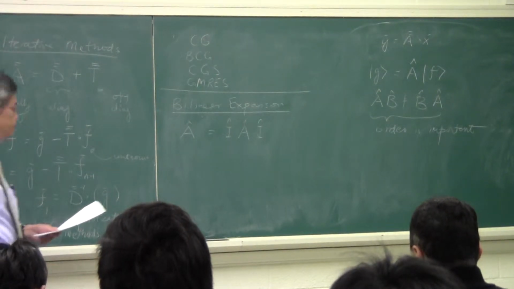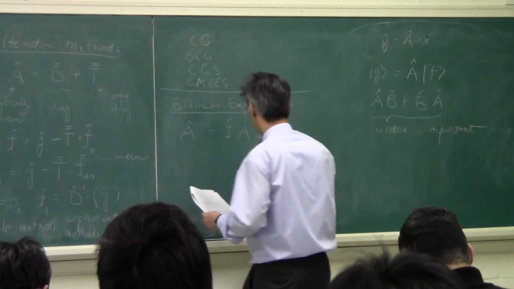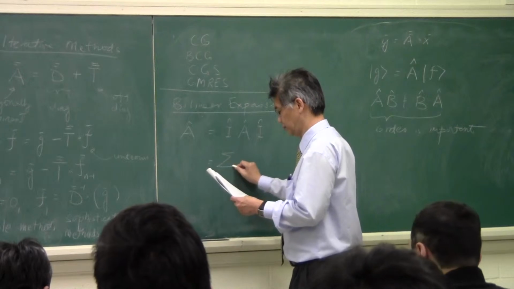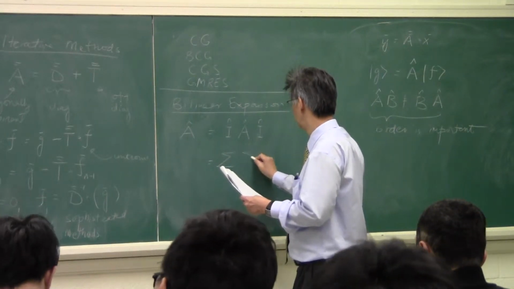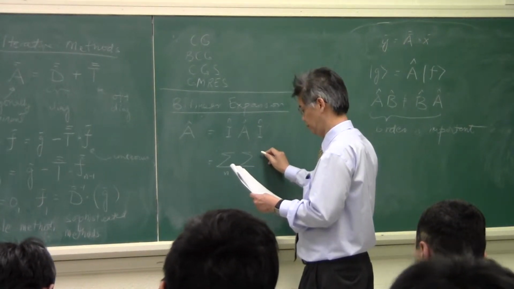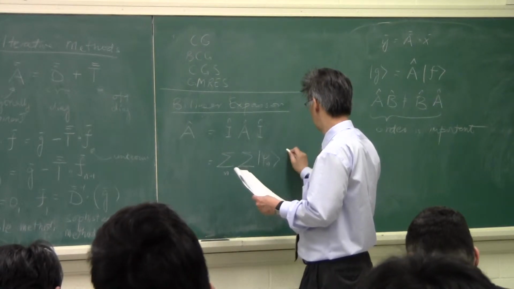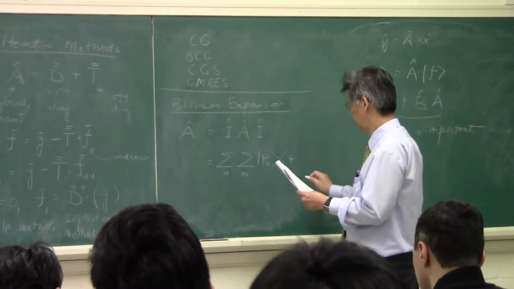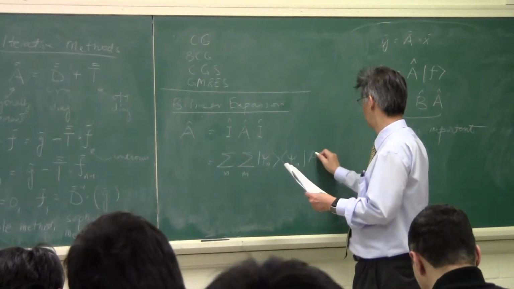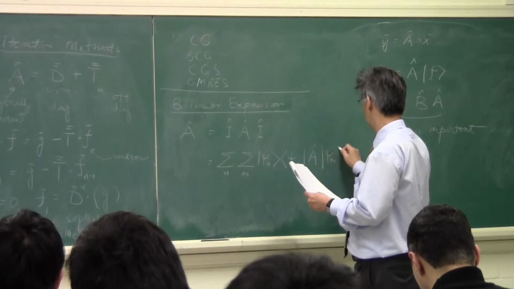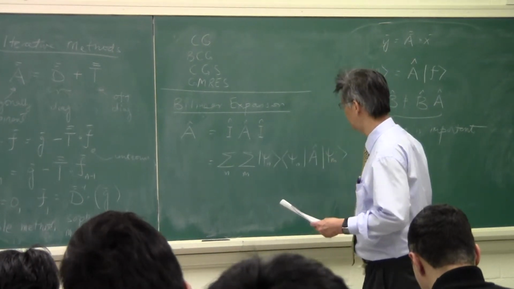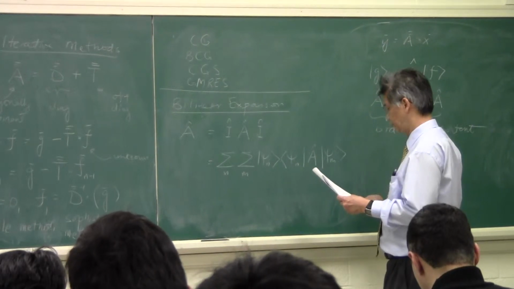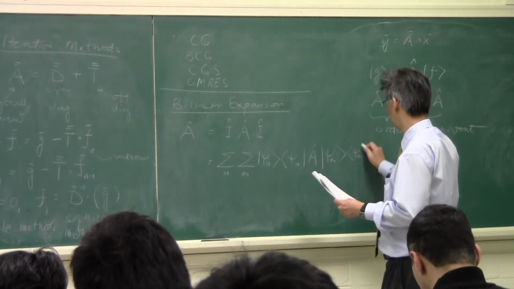And if I do so, I would get an expansion that looks something like this. I use a different index m for the two different identity operators.